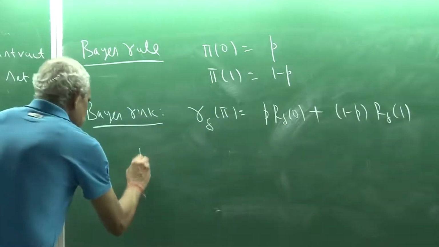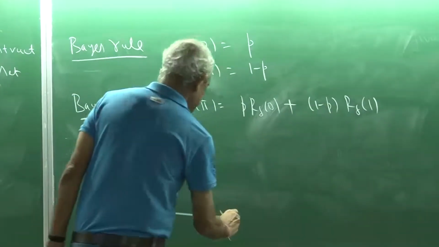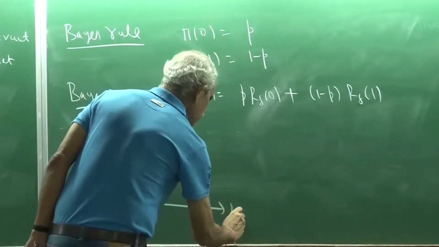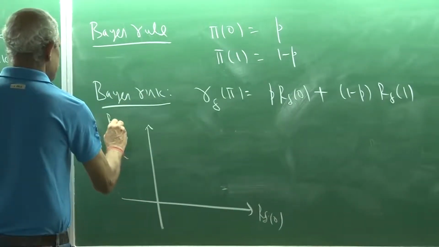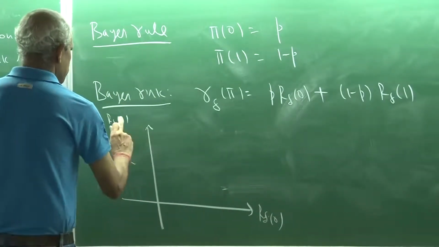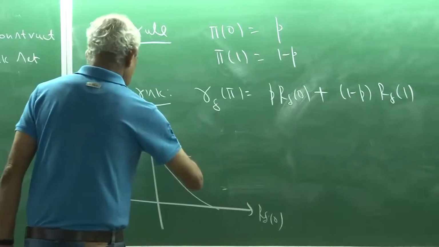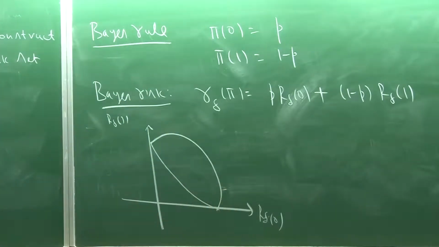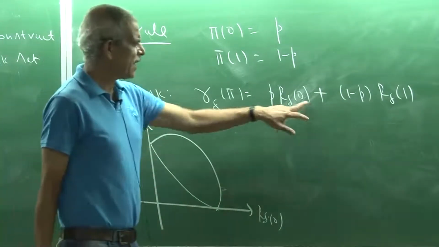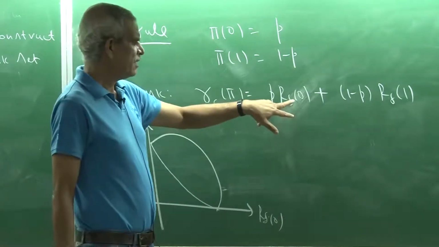So let's try to see. Now let us try to see, if this is R delta 0, this is R delta 1, and suppose my risk set is like this. The extreme points you might have, R delta 0 as 0 and 1.